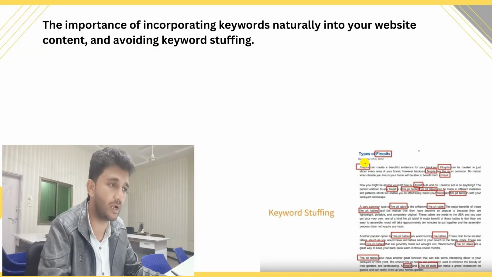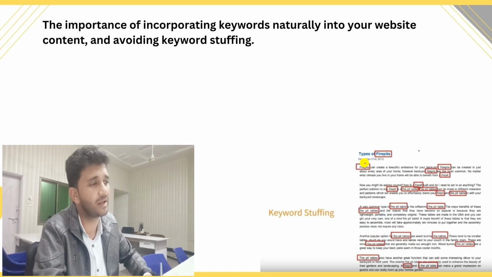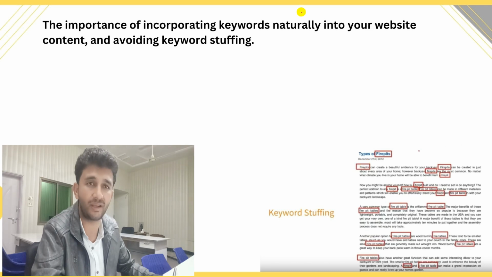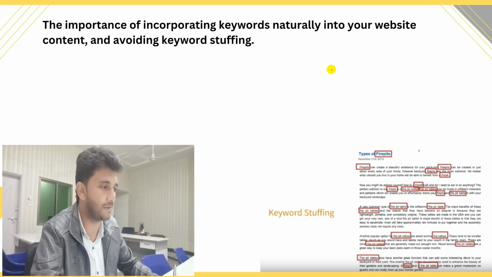The next point is, when we have researched our keywords and we are writing an article, the question that arises is how you can integrate these words in your article. Is it valid? For example, you have researched the keyword types of fire pits.